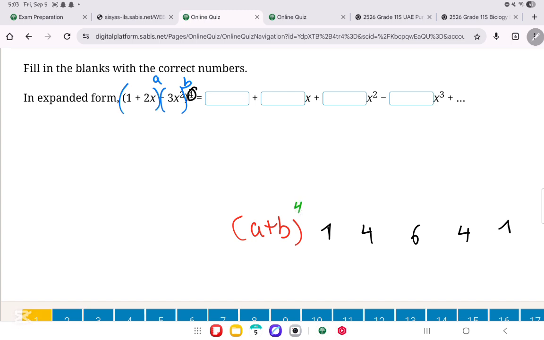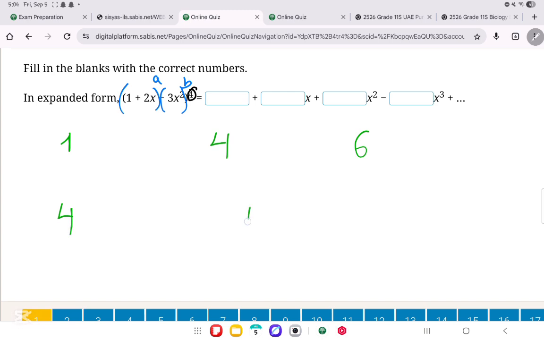Now, let us apply Pascal's triangle. We said that it's going to be 1, then 4, then 6, and then 4, and then 1 again. I'm going to leave a lot of space because we need this space. Now we start. What is our A? Our A in this case is 1 plus 2x, okay?